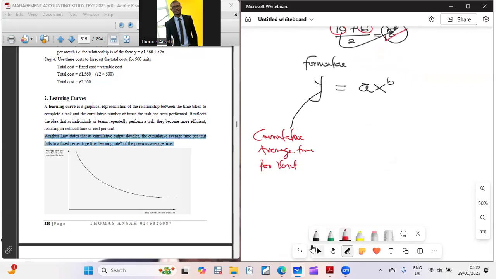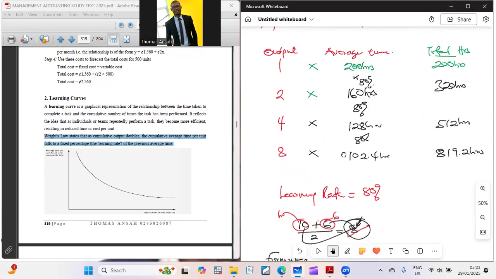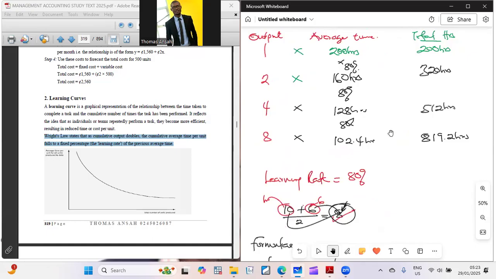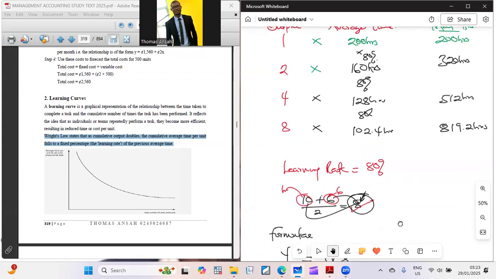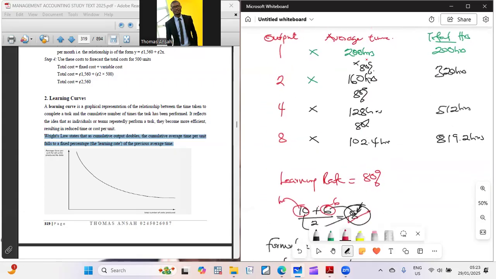And so you saw in the thing that we just did that the cumulative average time is shown to you. Then what is A? A is the time it takes to produce the very first unit. All right, the very first unit.